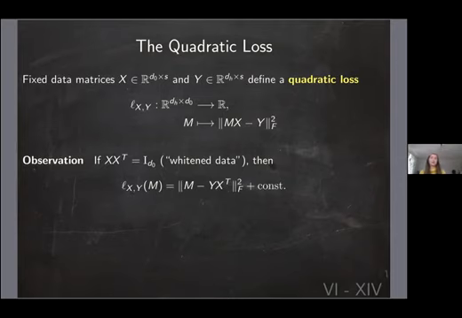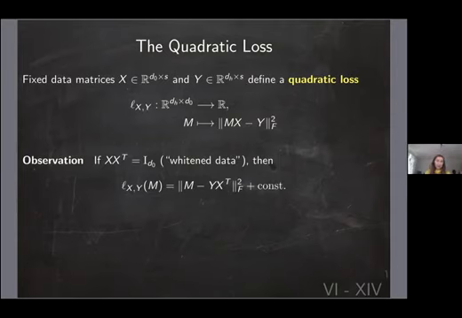Constant means it does not depend on the capital M. Two things I want to add here. First, I could have also assumed that XX transpose is invertible. Then it's a little more technical what you write here, but essentially the same thing is true. So you don't need the identity, you just want XX transpose to be invertible.